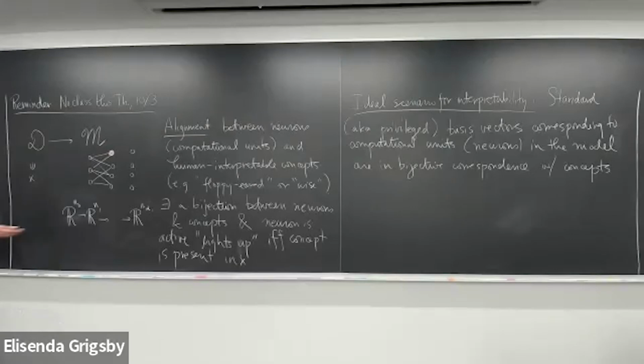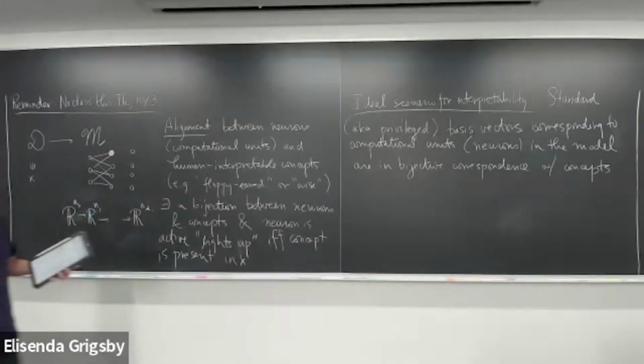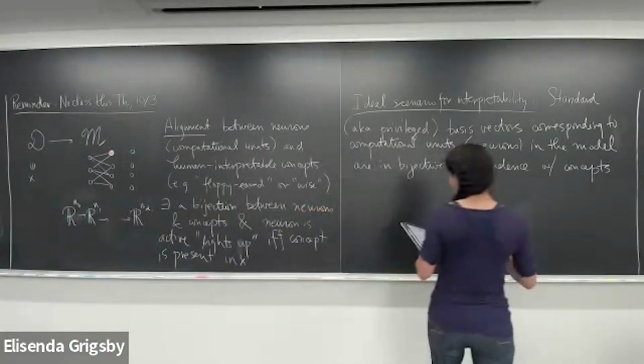It has layers: an input layer, an output layer, and a bunch of hidden layers. Neurons are in bijective correspondence with concepts.